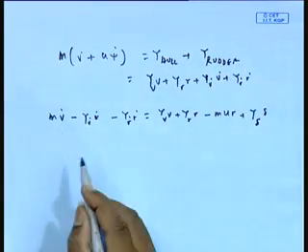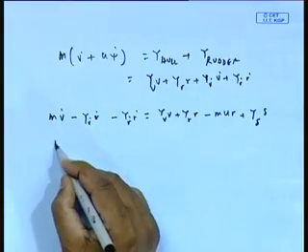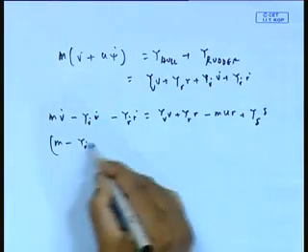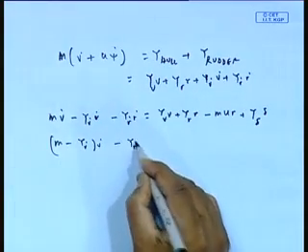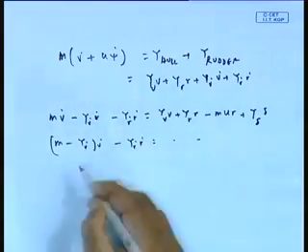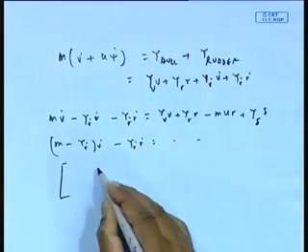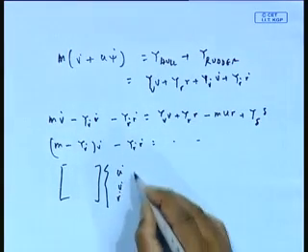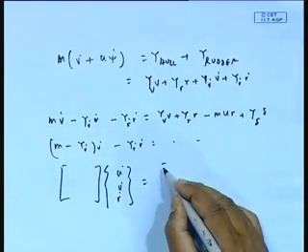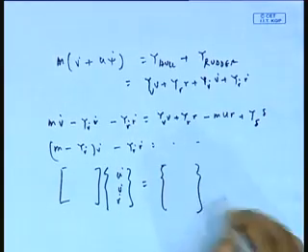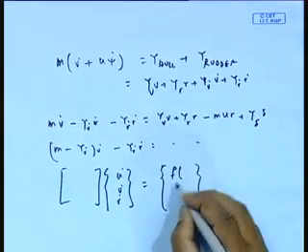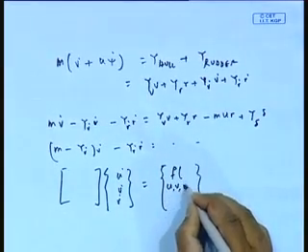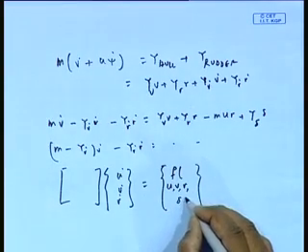So what I end up getting is (m minus Y_v-dot) v dot minus Y_r-dot r dot equal to this. All acceleration terms are there. So this full thing can be written with this side as a function of u, v, r, delta.